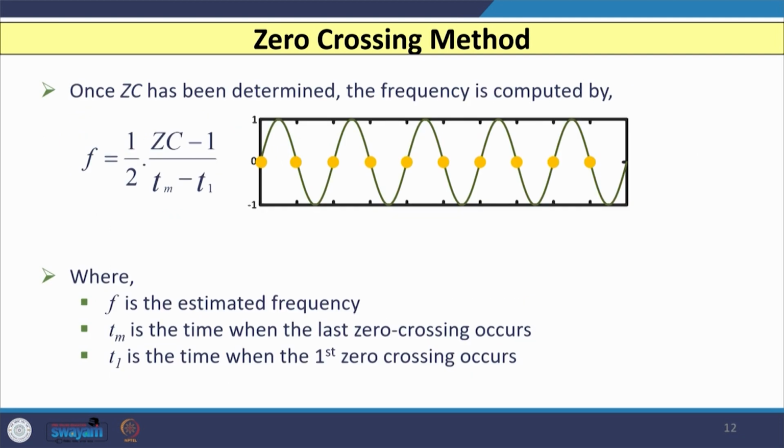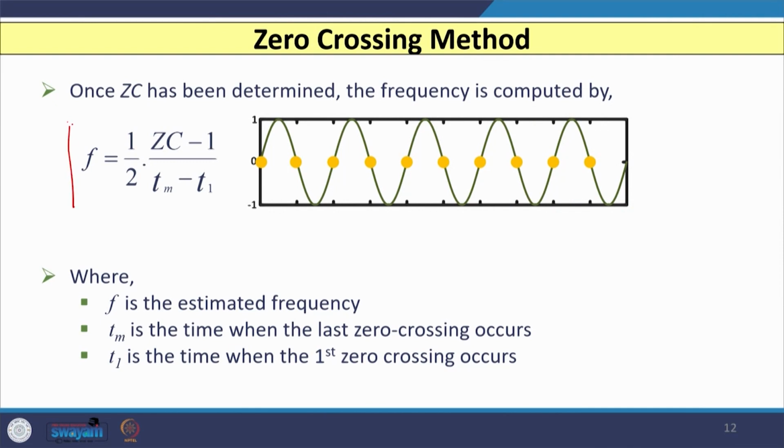Now, let us see how to determine the frequency using zero crossing or ZC. Let us say we have obtained the zero crossing, maybe by moving from positive to negative or from negative to positive. Now, let us see how we can estimate the frequency.